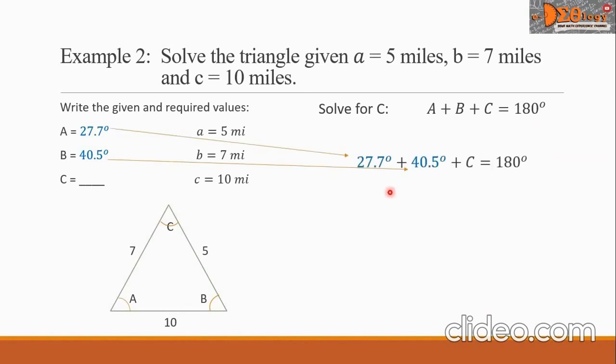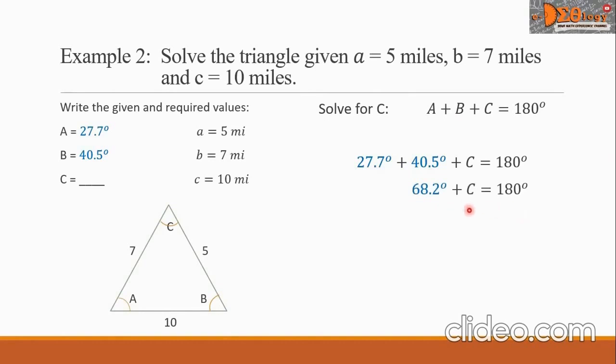So we have A is 27.7 degrees plus B, and that is 40.5 degrees, plus C equals 180 degrees. Getting the sum of these two values, we have 68.2 degrees plus C equals 180 degrees.